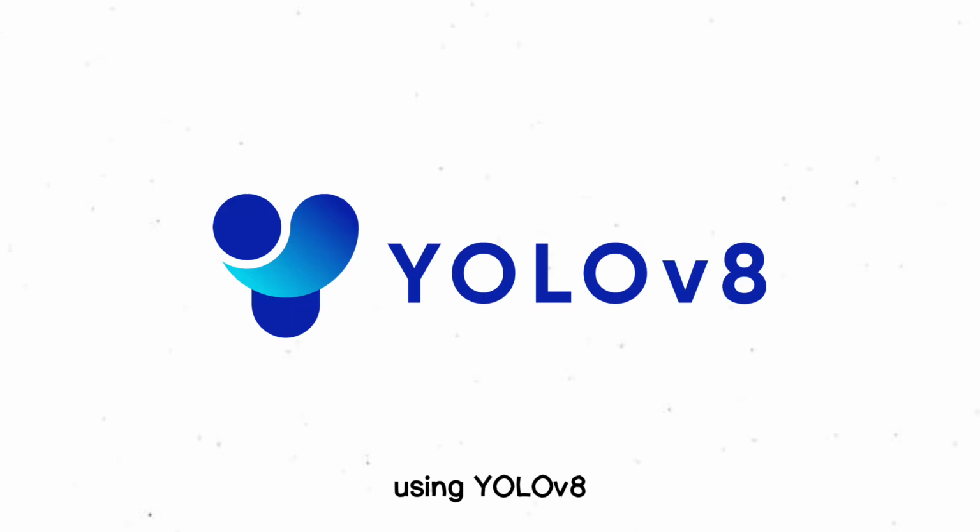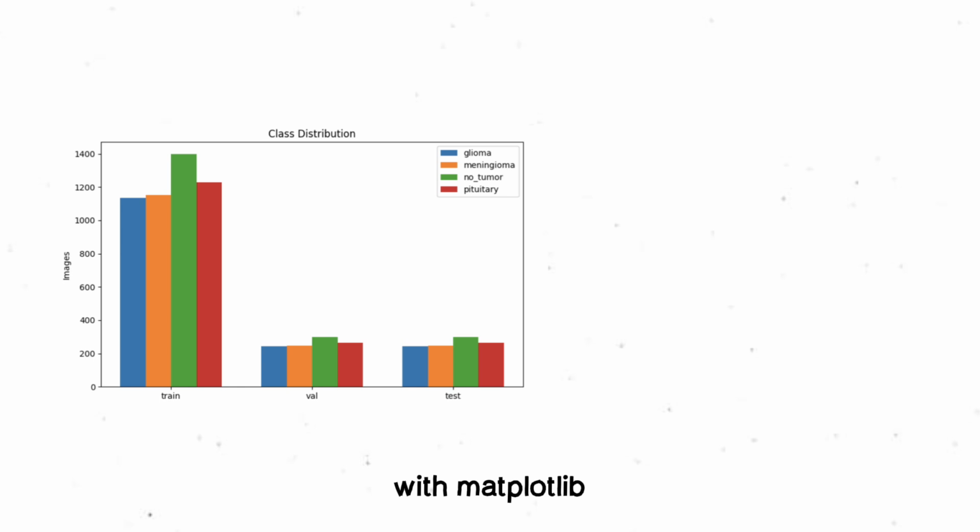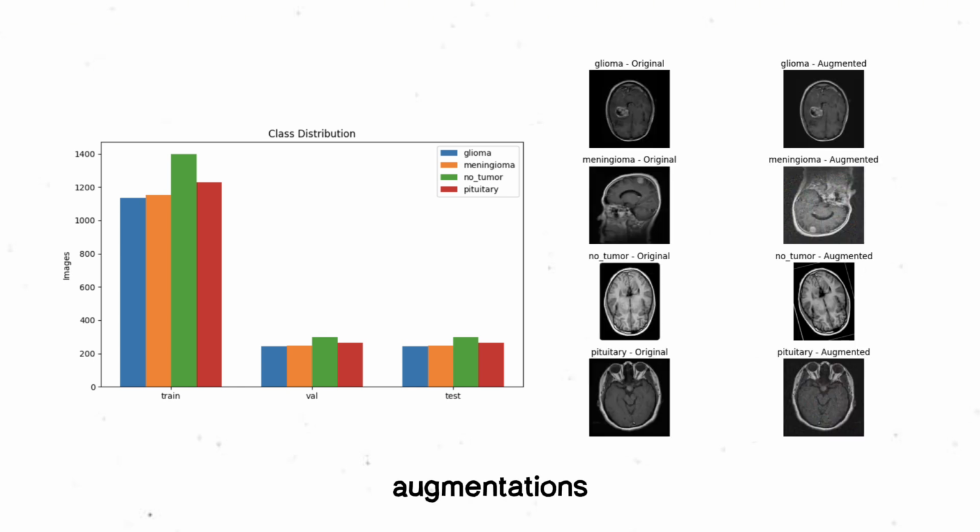For the project evaluation, firstly is the project type and difficulty. So our project focuses on deep learning image classification using YOLO V8 and includes data visualization with matplotlib and augmentations. This aligns with a higher project difficulty as it involves training and validating a deep learning model, handling image data, and visualizing results.